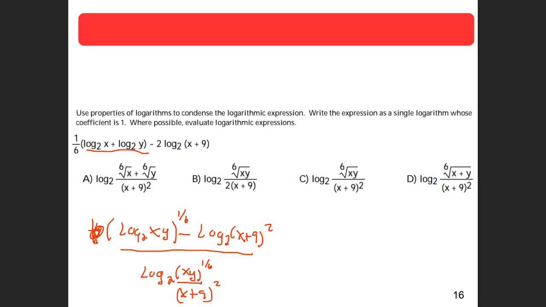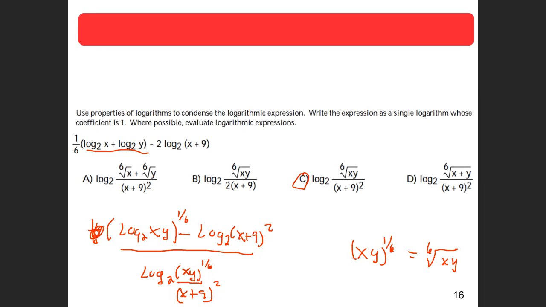Now, xy to the 1/6 is exactly the same thing as the 6th root of xy. So I'm looking at this letter C as the answer that I'm looking for.